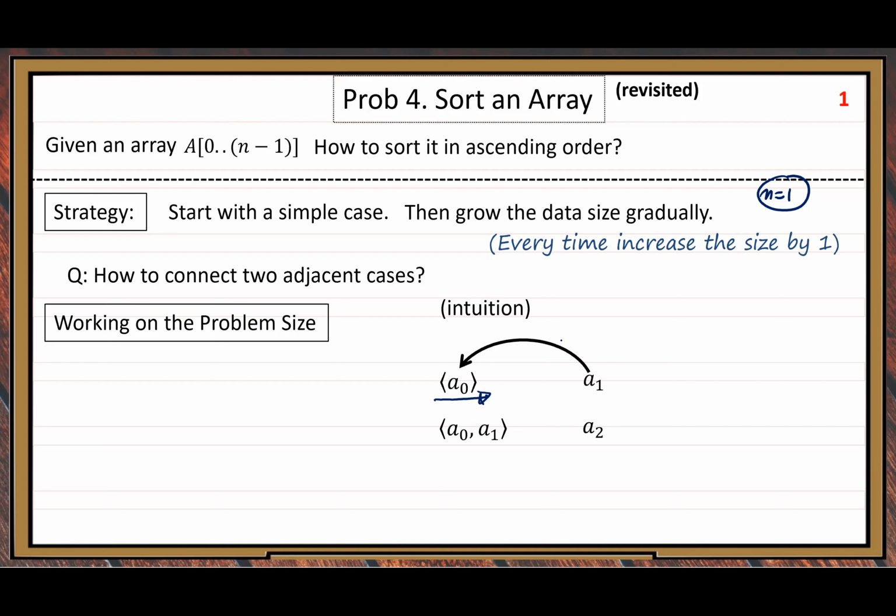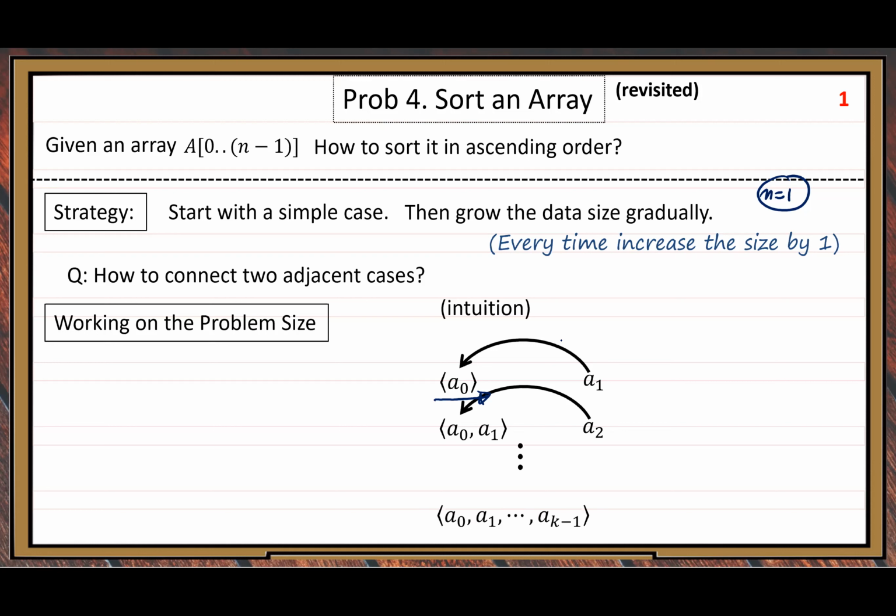In the worst case, 2 comparisons. For the best case, 1 comparison. You can make it a new ordered array. Here we can join A2 with the current ordered array in some way.